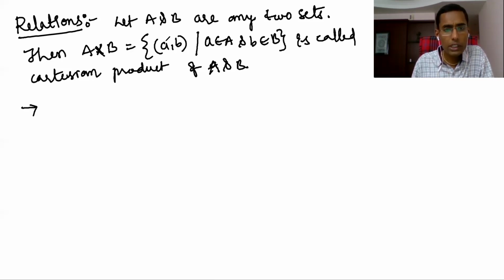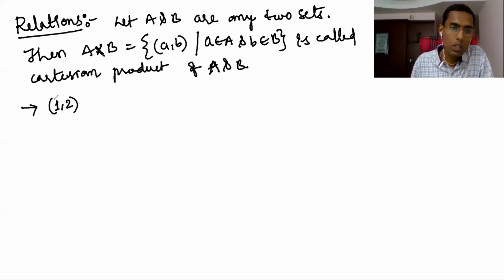First, what is an ordered pair? The ordered pair (1, 2) is called the ordered pair of 1 and 2. Here 1 is called the x coordinate, 2 is called the y coordinate, as you have seen in coordinate geometry.